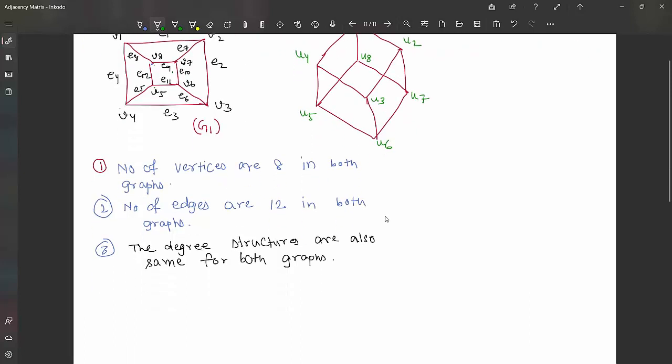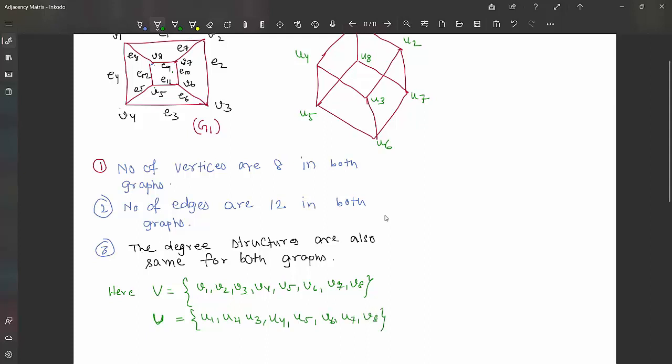So phi is defined. So here the capital V vertex set is equal to V1, V2, V3, V4, V5, V6, V7 and V8. And capital U is equal to U1, U2, U3, U4, U5, U6, U7 and U8.